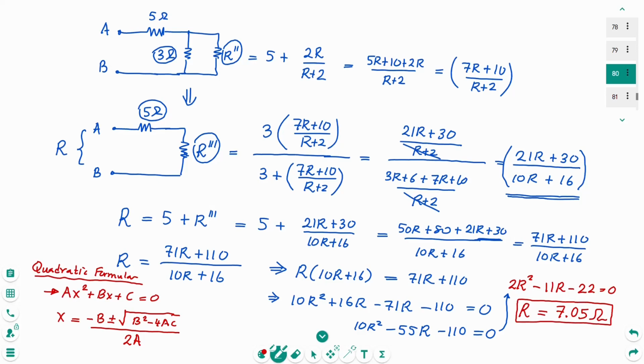You are going to get two solutions. This is the only acceptable solution because this is the positive solution. The other solution is a negative solution, but resistance cannot be negative. So we are going to go with the positive solution. So that's going to be your answer. R equals 7.05 ohms. So that's how you do this problem.